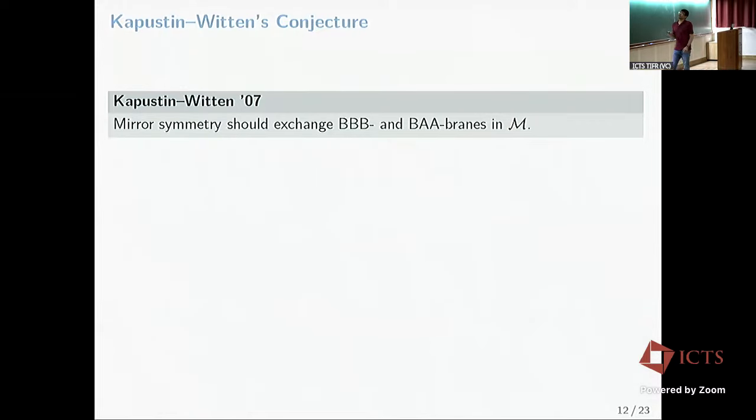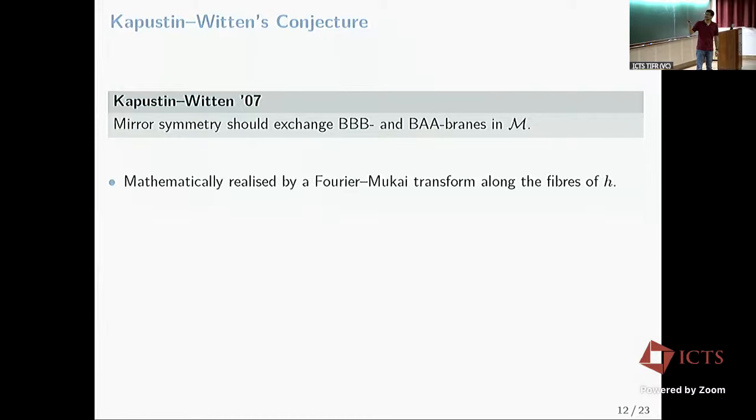So we have this conjecture. I don't know if I should call it a conjecture. I mean, this claim by Kapustin and Witten, that mirror symmetry should exchange BBB and BAA branes in M. Again, I'm not going into the morphism things.